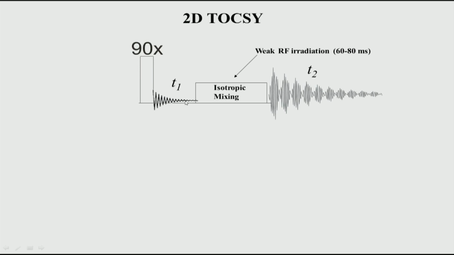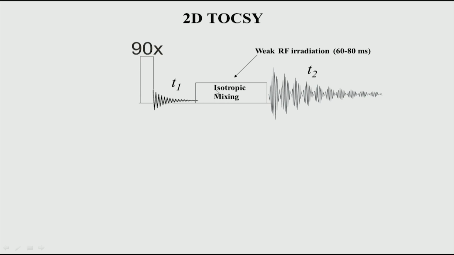While this process goes on, we saw that in the case of COSY, it gets coupled to other hydrogen atoms in the molecule because of J coupling. In the case of 2D TOCSY, we allow only a short time here, so the coupling to other hydrogen atoms during this portion is not of so much importance. But after some time we apply this box, what is shown here, which is known as isotropic mixing.